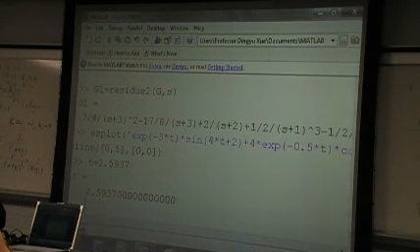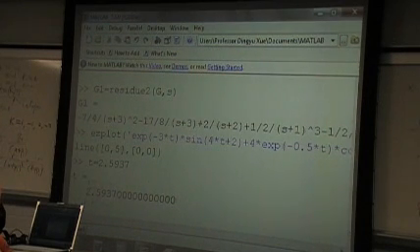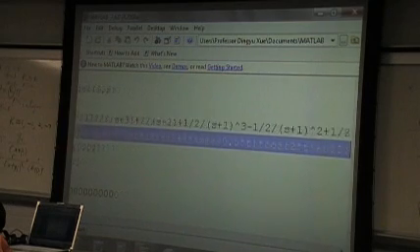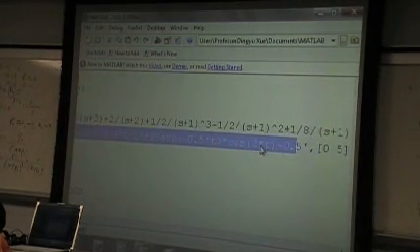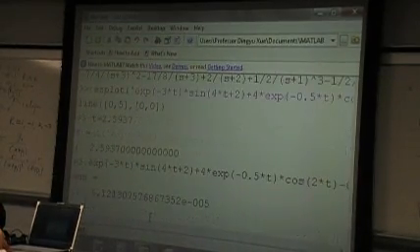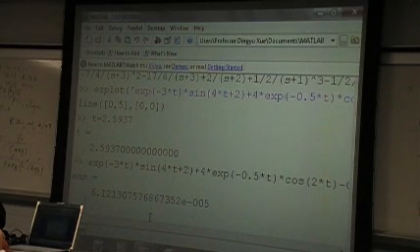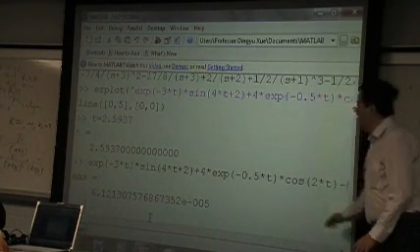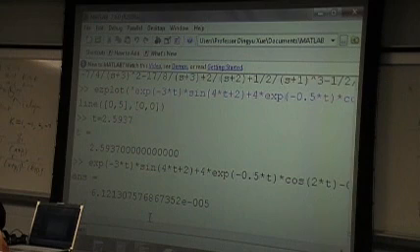Now the question is, if we substitute this solution back to the original system, what will be the error? So we copy that part again. Minus 5. And we say that this is the error. The error is small, but it is not quite small.